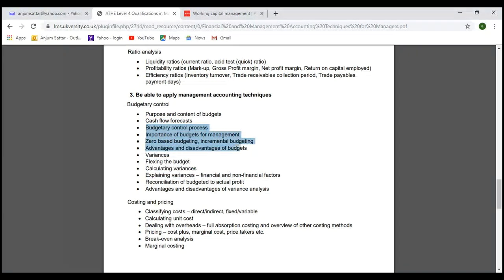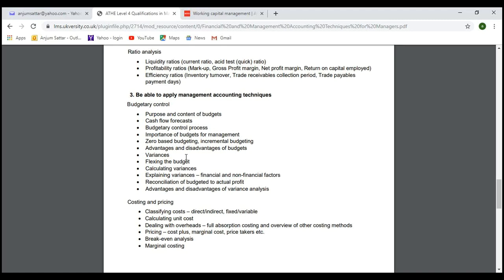We discussed the budgetary control process, including what is meant by a zero-based budget, which starts from zero, and the incremental budget, with advantages and disadvantages. If you don't have a budget, it's like being at sea without navigation. A budget provides the navigation. Budgets motivate workers, help achieve the organization's objectives, and help identify the variance.